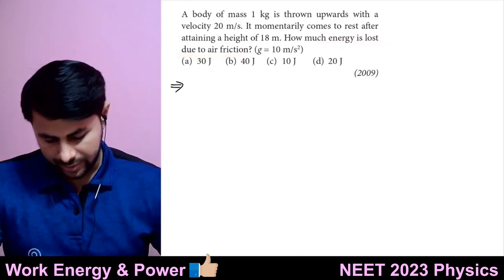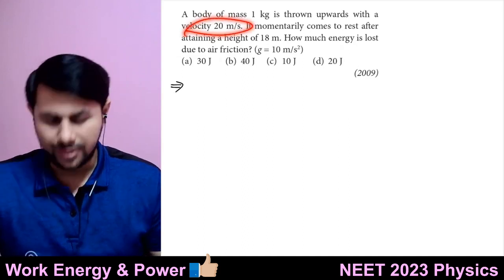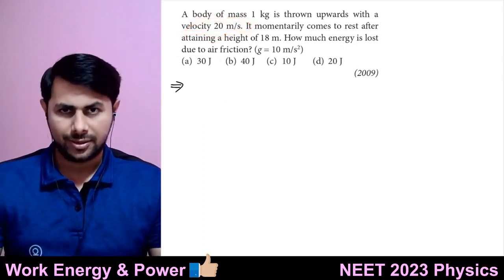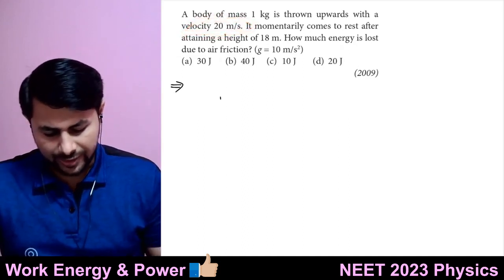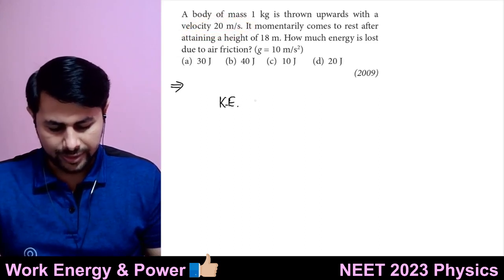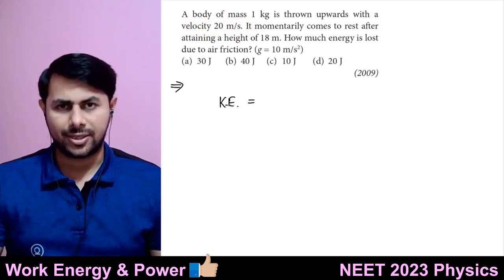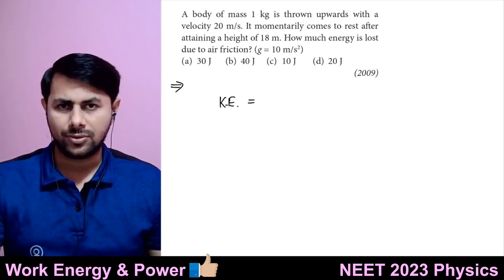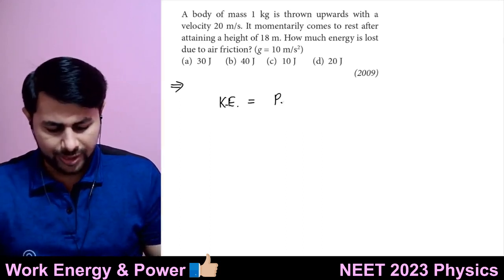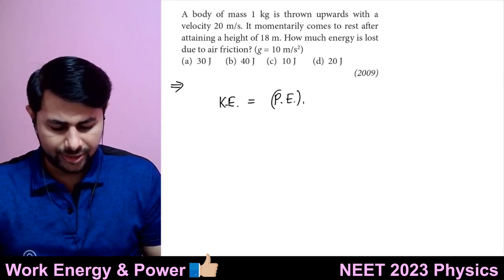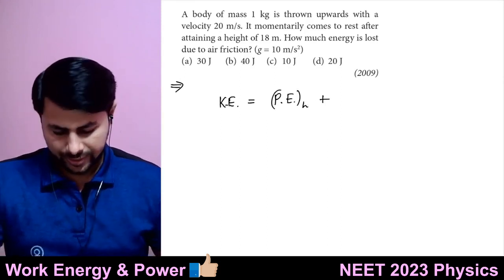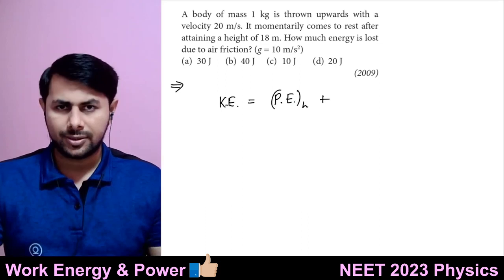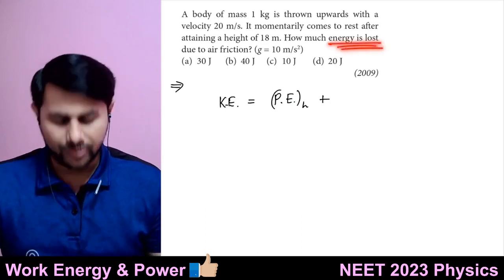So see, it has some velocity, 20 meters per second. Its kinetic energy gets converted to what? Potential energy. When it attains some height, the kinetic energy gets converted to potential energy. So PE at height h, plus there is some loss, and that's what we have to find out.